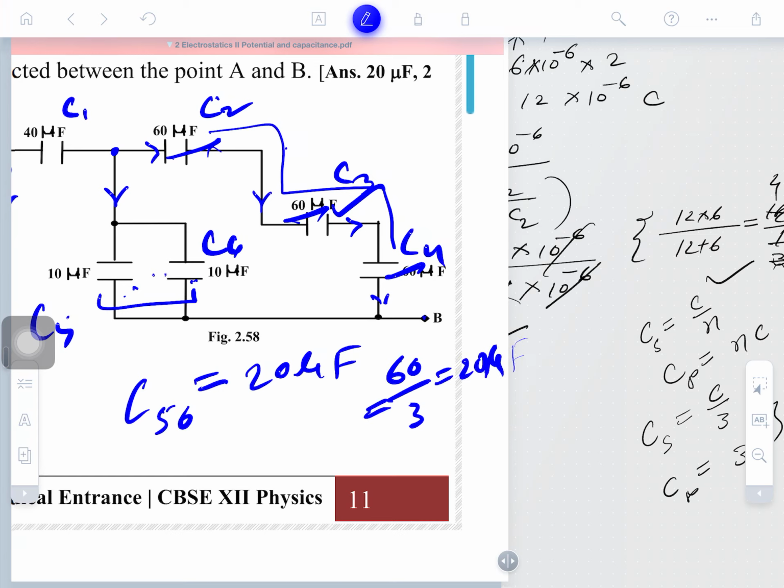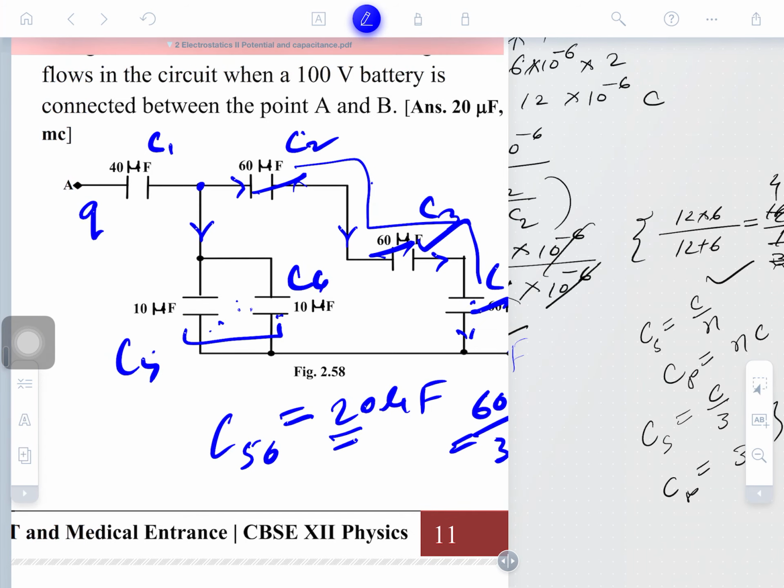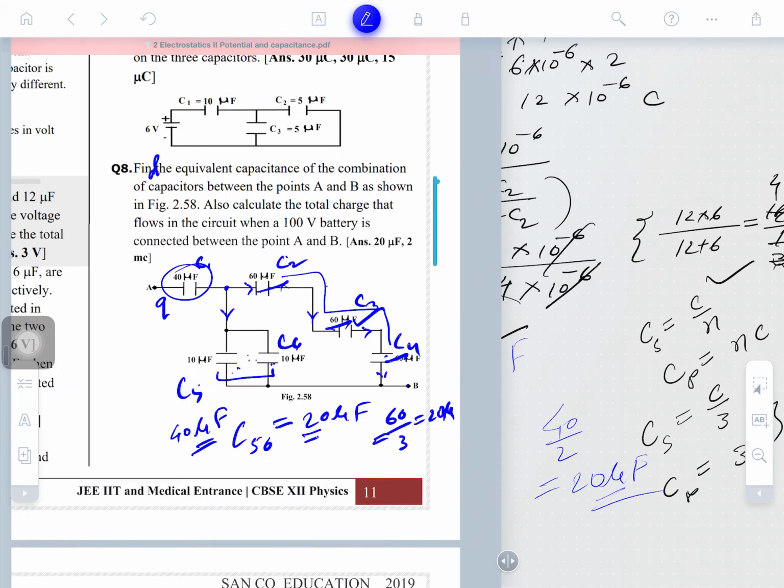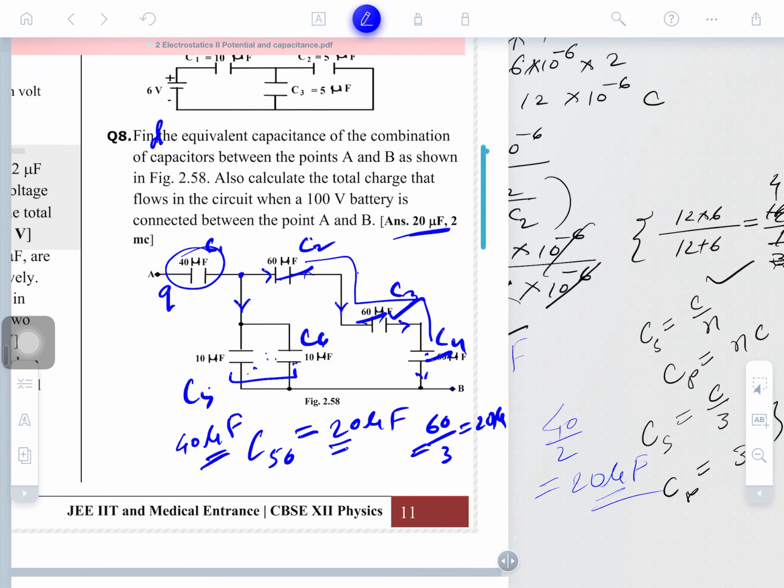So the series gives 20 microfarad, and the other is also 20 microfarad. So 20 with 20 microfarad in parallel is 40 microfarad. And 40 microfarad with 40 is in series, so product upon sum, means one value divided by 2. So 40 divided by 2 is 20 microfarad. The equivalent capacitance is 20 microfarad. This is the answer.